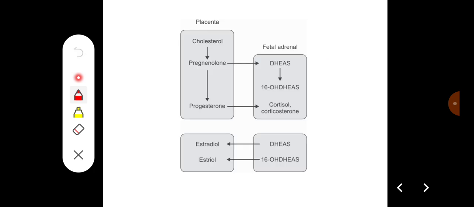So this is a diagram showing the fetoplacental unit, where the placenta is able to produce pregnenolone and progesterone from cholesterol, and these are transferred to the adrenal cortex.